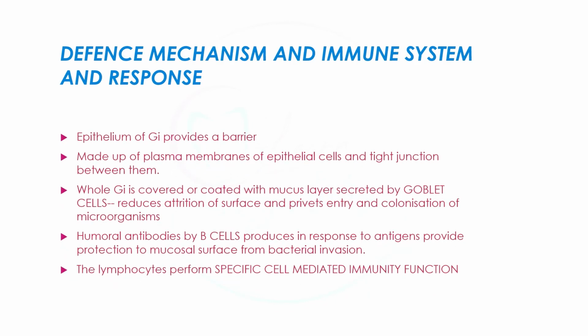The epithelium of the GI provides a barrier made up of plasma membranes of epithelial cells and tight junctions between them, which prevent any foreign body from entering. The whole GI is coated with a mucus layer secreted by goblet cells, which reduces attrition of the surface and prevents entry and colonization of microorganisms.